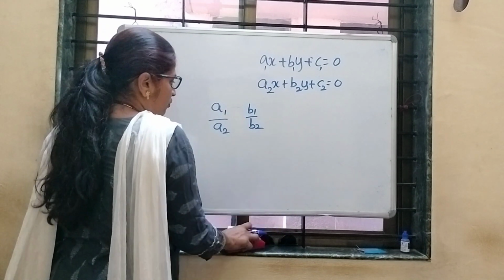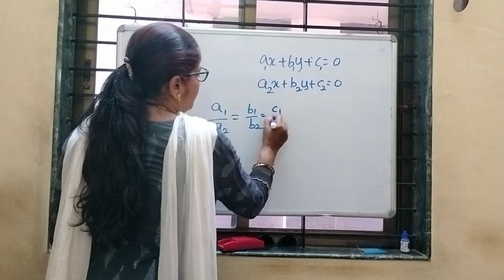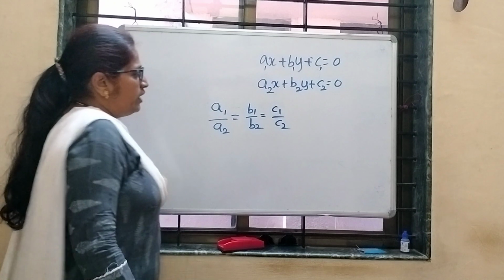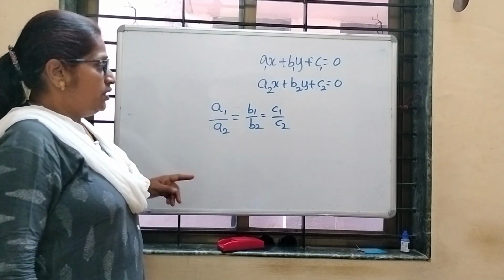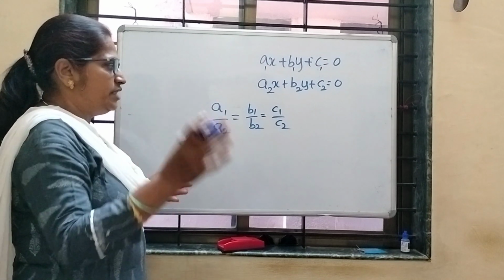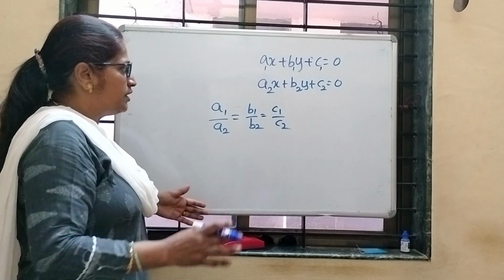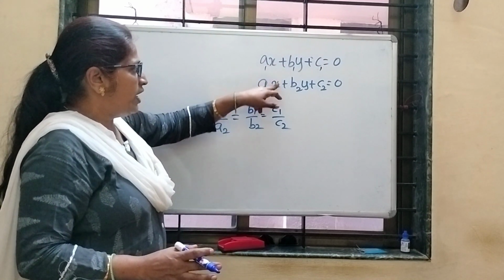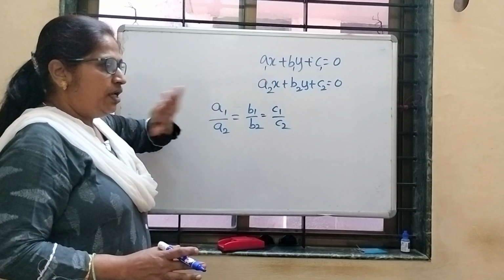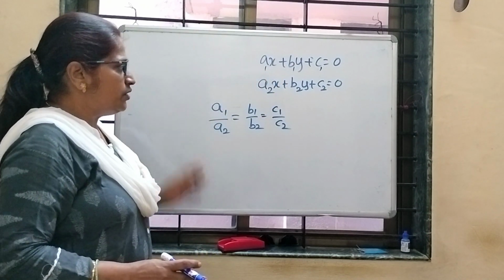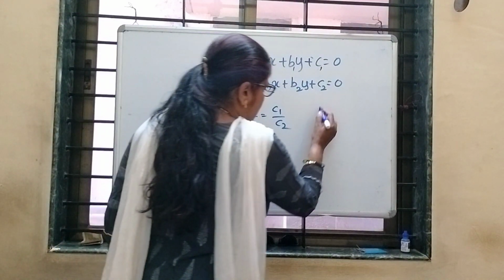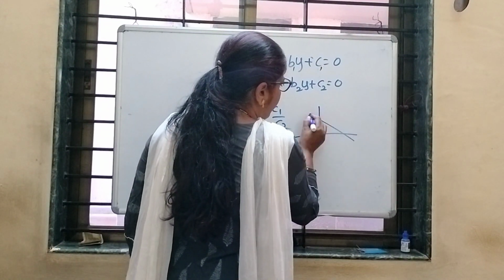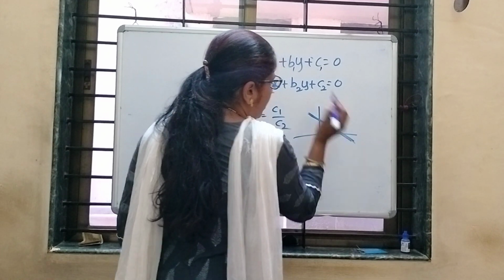If all three are equal, a1 by a2 is equal to b1 by b2 is equal to c1 by c2, then we will have infinitely many solutions. The lines will coincide, overlapping one on the other.